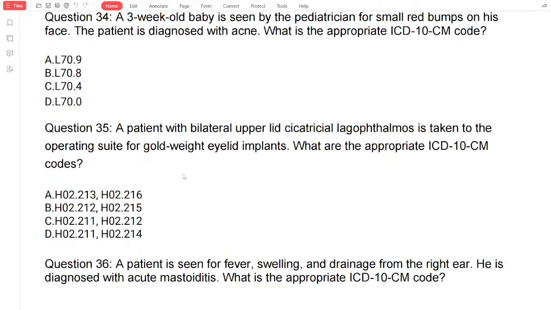D is the correct answer, very good. Nice job. Devishri, correct answer, dear. 35D, correct answer, Geetu. Correct answer, Mahesh.